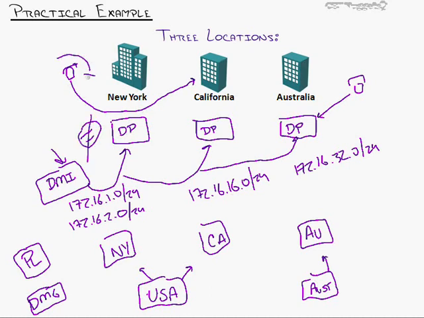Your home device pool is assigned to New York. That's where you were set up originally. But now your device mobility info is showing that you're a part of the California subnet. So immediately right there, I'm going to grab the device pool from California and apply the settings to that phone, everything except the calling search space.